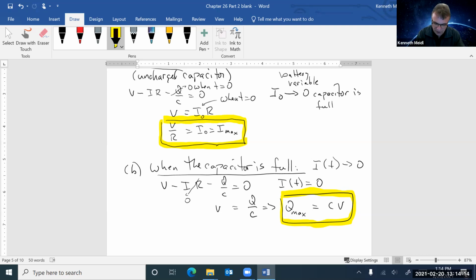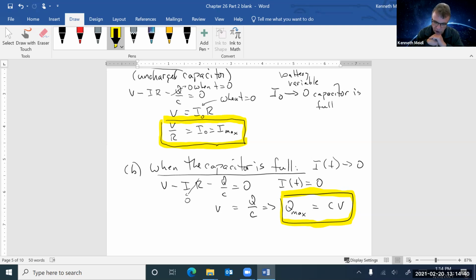The other place is when the capacitor is full. That means that there is no more charge coming into it. There's no more current. And so then I can solve for exactly what is the maximum amount of charge that can be put there. That's C, and usually the capacitance depends on two things, right? The geometry of the plates and whatever materials you put in there, and then the voltage of the device that is actually pushing the charge.